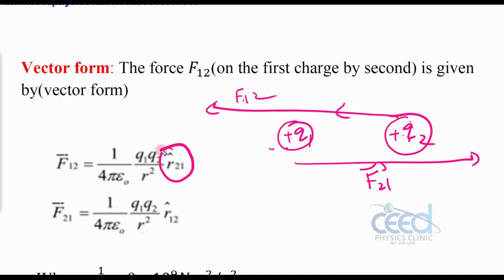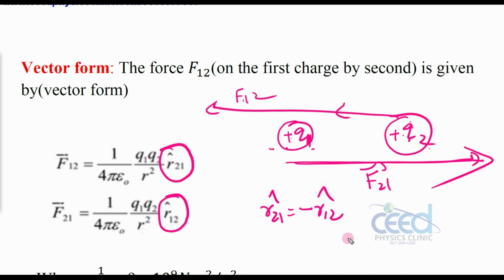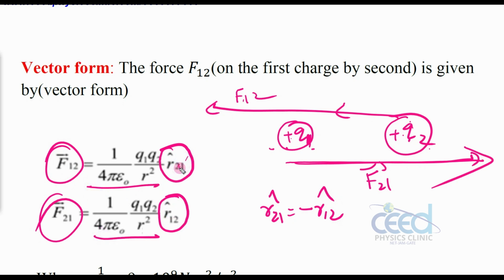That is why I am putting a unit vector, R21 cap, that represents the direction of this force. Now F21 is directed from 1 to 2, so that is why I am putting the direction vector R12 cap here. By vector notation, R21 cap is equal to minus R12 cap. That means these forces are equal but opposite, because the magnitude is the same, only the direction is opposite, right? That is obviously clear from this figure.